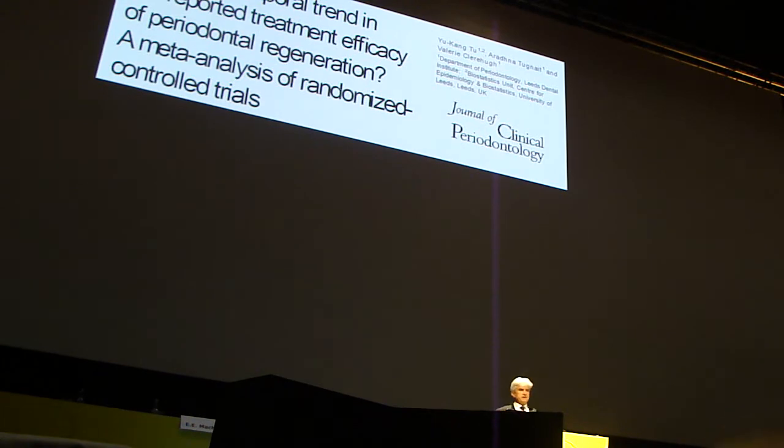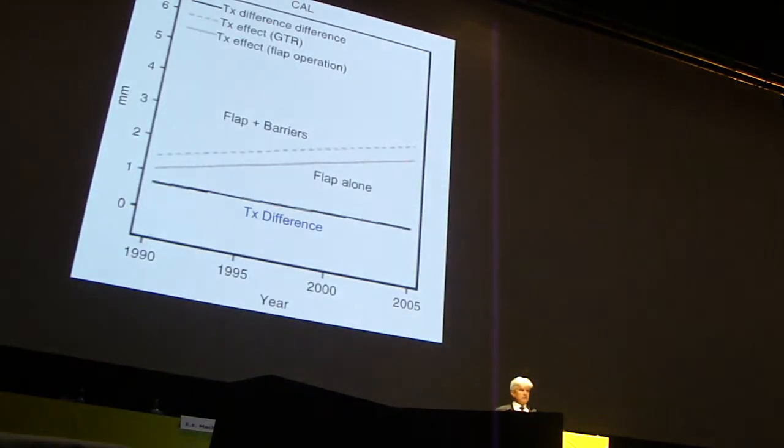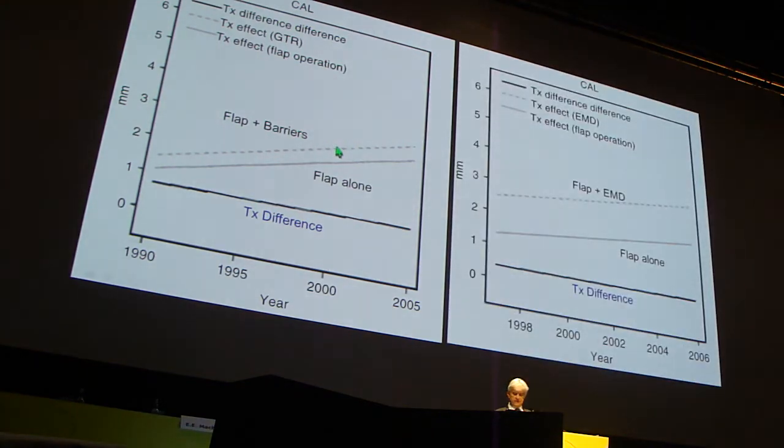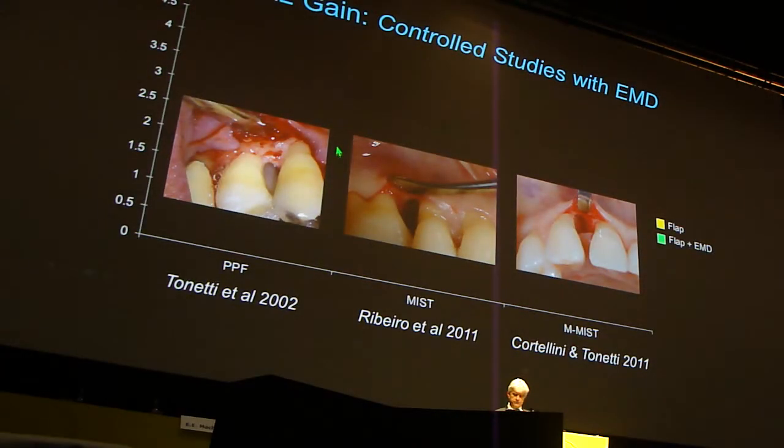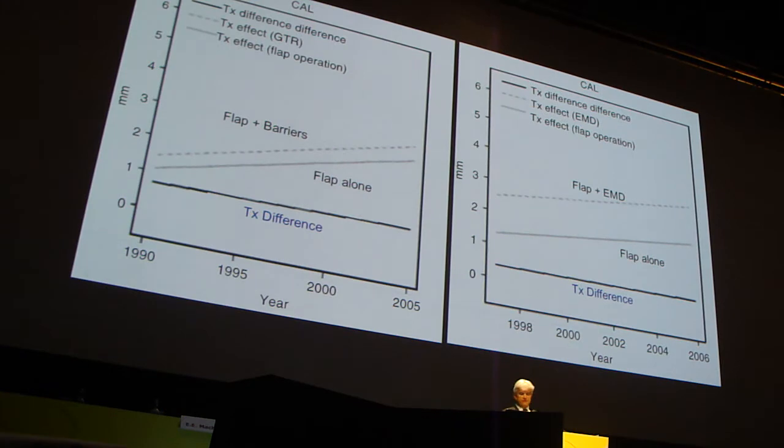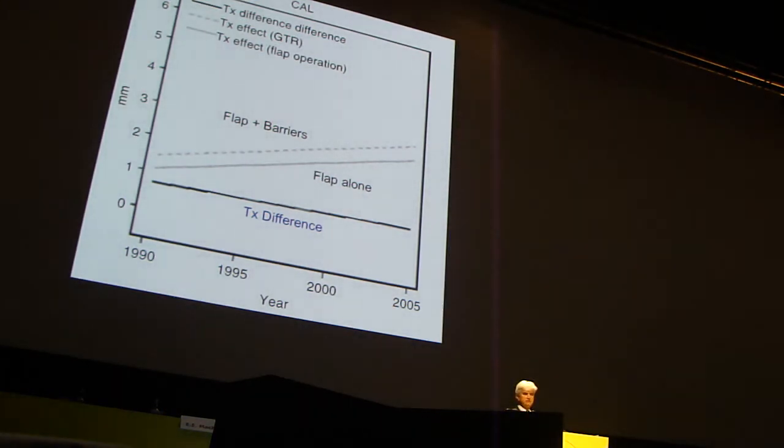Now, if we go to this very nice study proposed by Tu some years ago, what did Tu build up? He was looking at the development over time of the performances of periodontal regeneration, and he compared the different performances over time of flaps alone and flaps plus barriers.